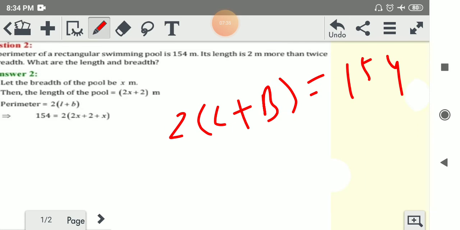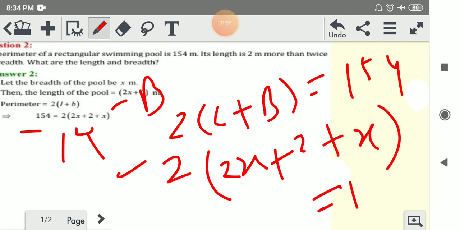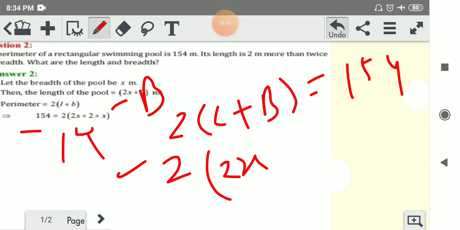So here 154 is equal to 2 into L plus B. This is L and this is B, equal to 154. Solve for x. x की वैल्यू फाइंड करेंगे यहाँ से.